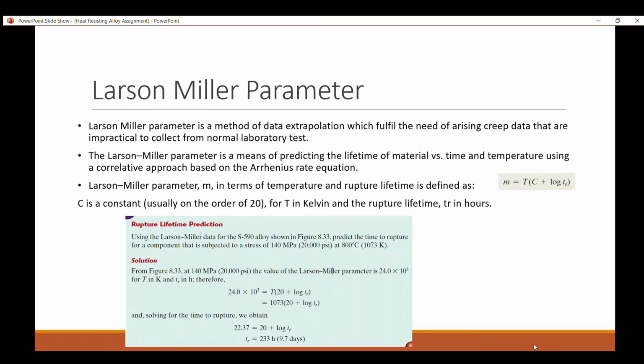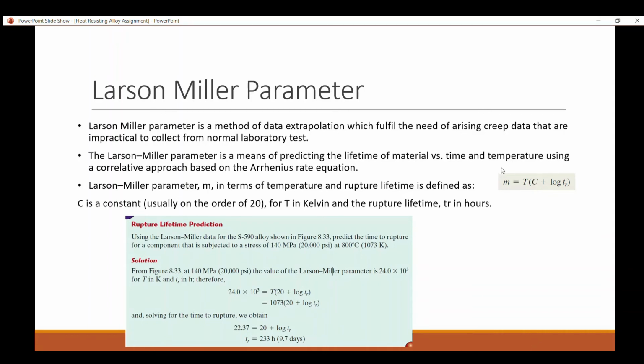This is basically a method of data extrapolation which will fulfill the need for creep data that are impractical or difficult to collect from a normal lab test. The Larson-Miller parameter predicts the lifetime of a material against time and also the temperature using an approach that is based on the Arrhenius rate equation, which is this equation.